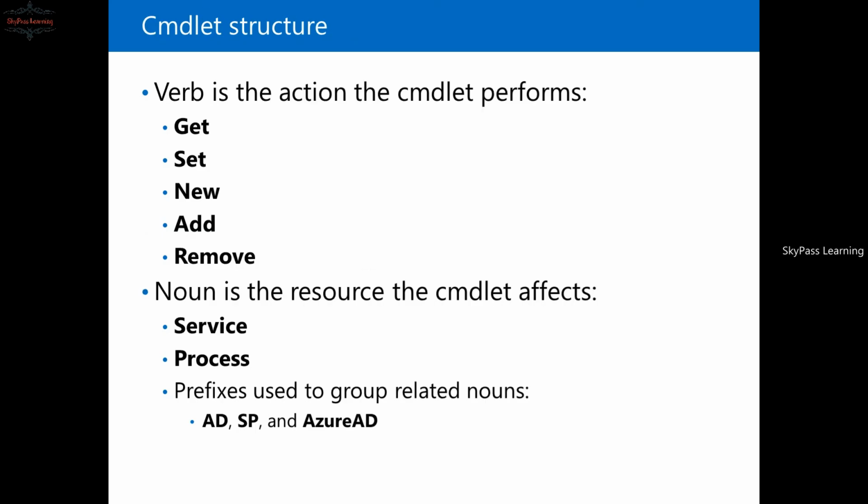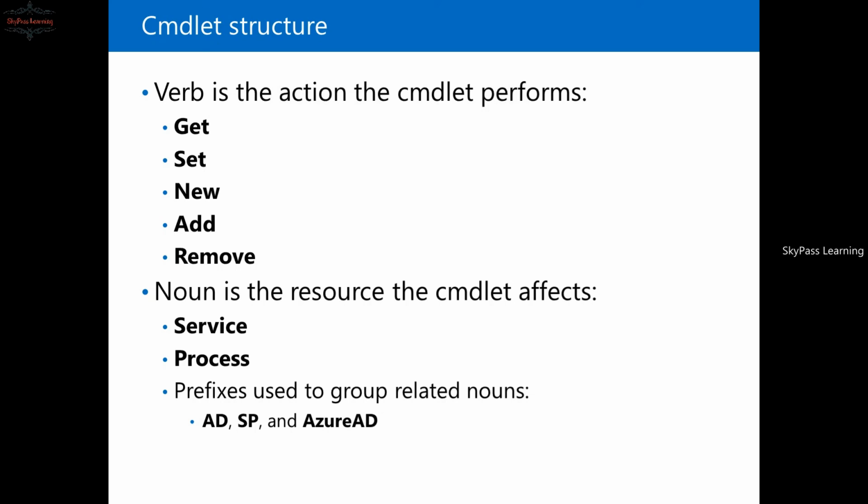Okay, when we are talking about cmdlet structure, the cmdlet structure is basically divided into two sections. The first one is verb and the second one is noun. When you are typing a command or executing a command, you have seen that you have to associate two parts, like Get-User, Get-Computer, or Set-Computer, Set-User.